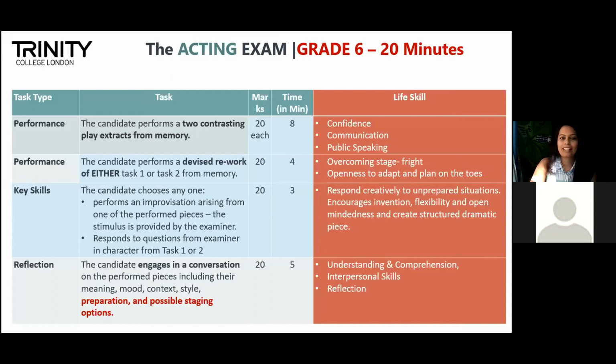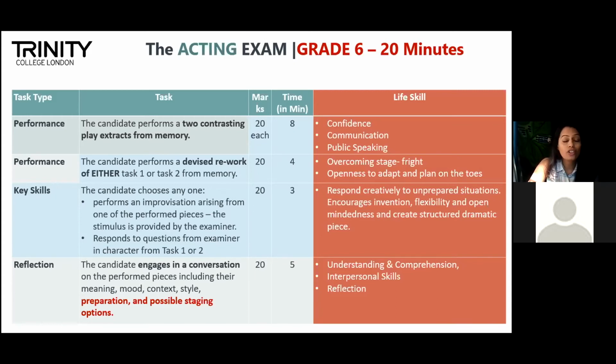Okay, so grade 6. Two contrasting plays as part of performance and one reworked task, either from task 1 or task 2. And then we have improvisation or hot seating. The choice is the candidate's, whether they want to go with improvisation or with hot seating.